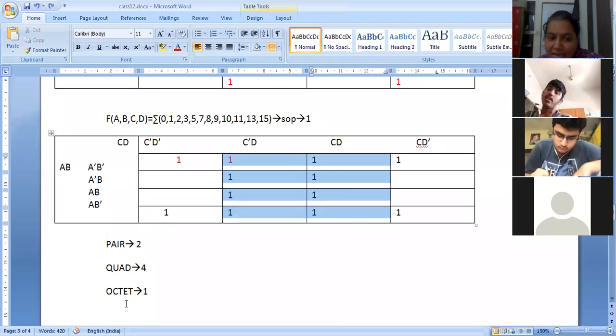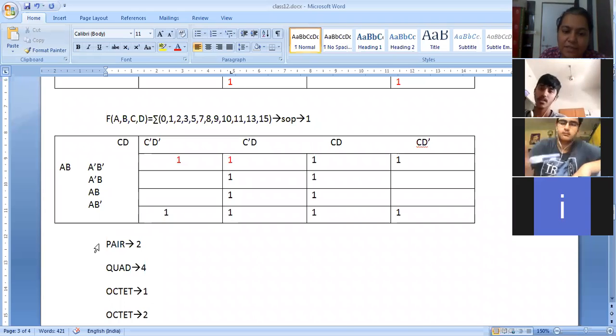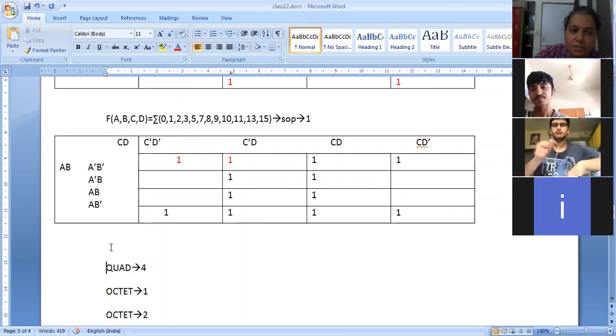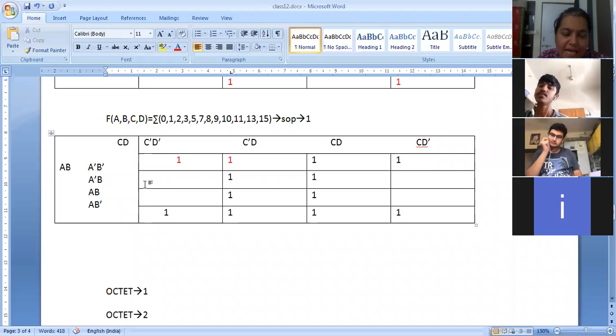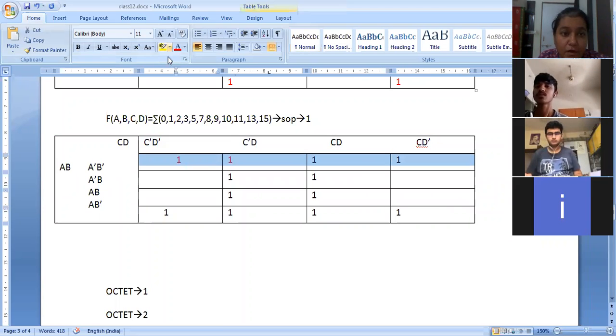Yes. So we have got one more octet. Basically, because I'm not getting any pair or quad, I'm removing this so that I can concentrate on my octets. Now I have got the octet. Let me highlight these. I know how to highlight. I know a little bit of, you know, Word formatting.